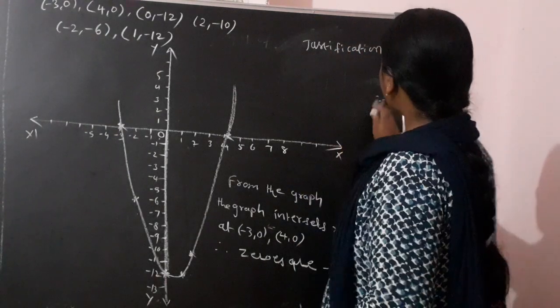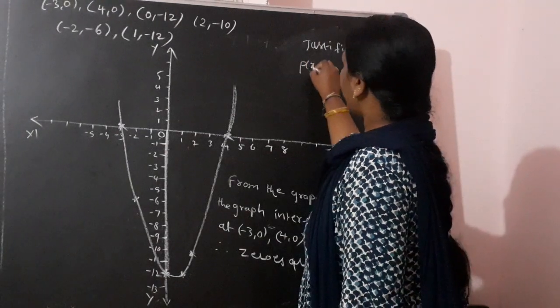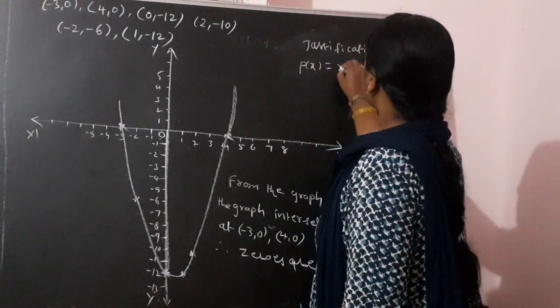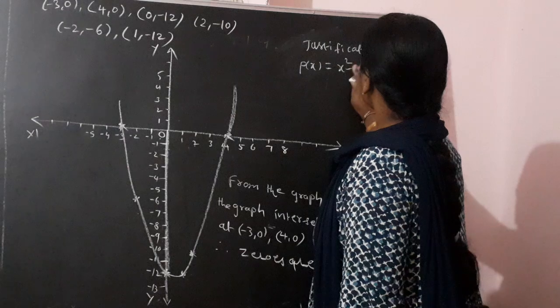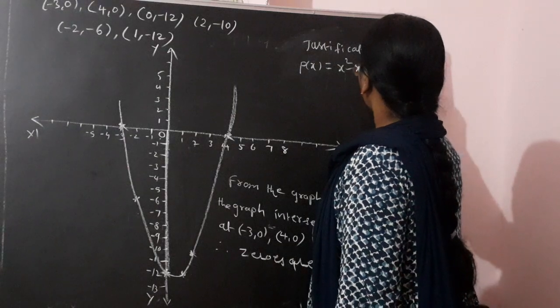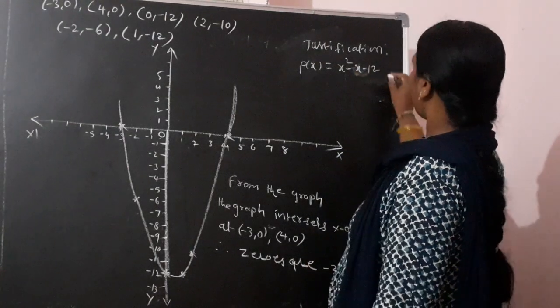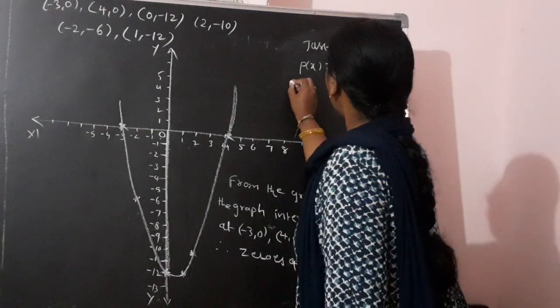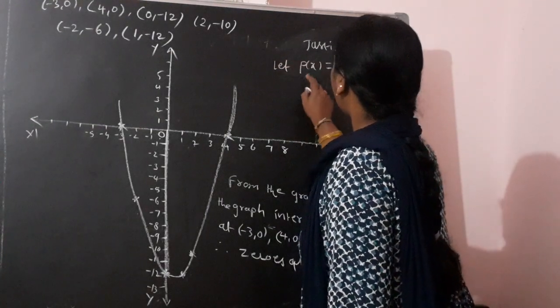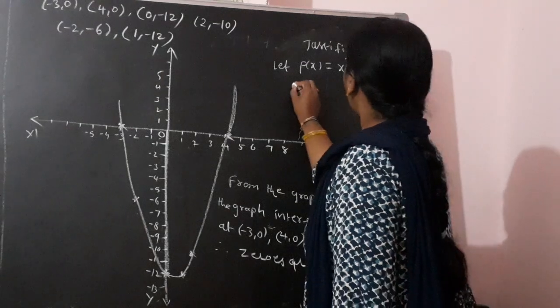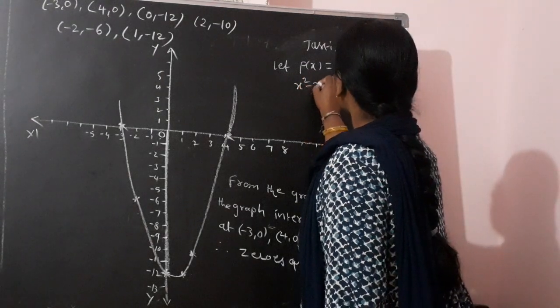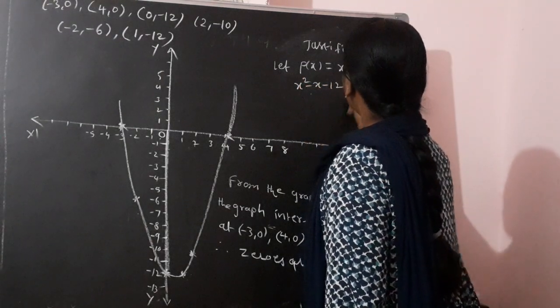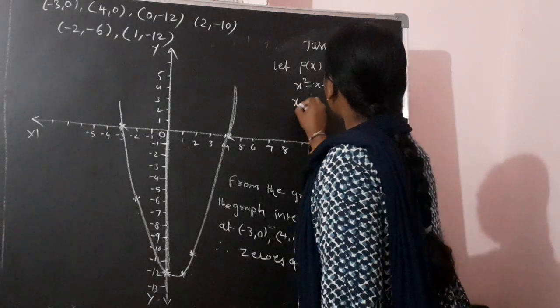Simple justification means, what is given, p of x, you can write. p of x = x square minus x minus 12 = 0, we have to take. Why? Because we are getting zeros. Okay. So now you also have to take, let p of x = 0. Now x square minus x minus 12 = 0. Factorization we just discussed now.